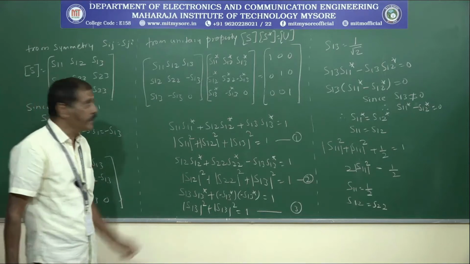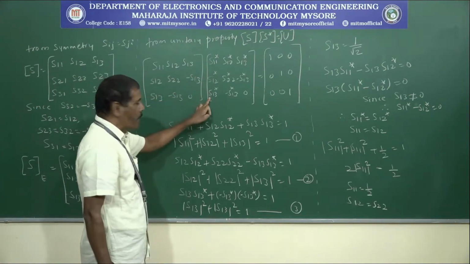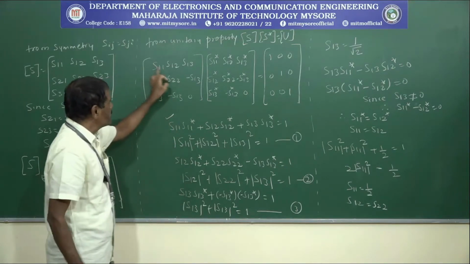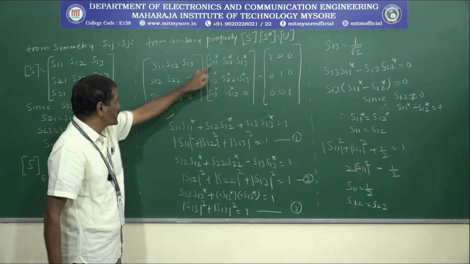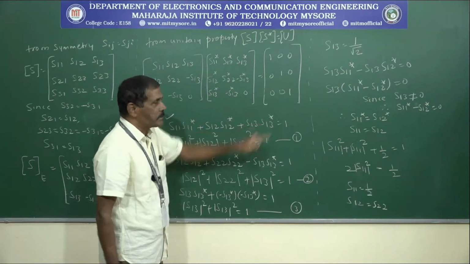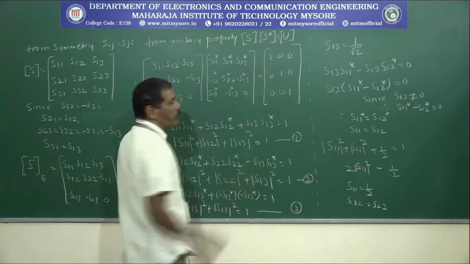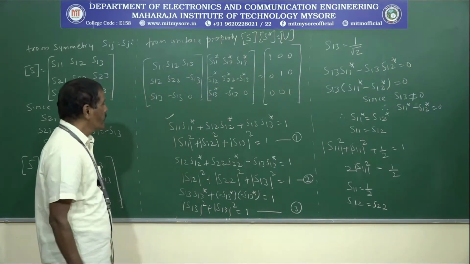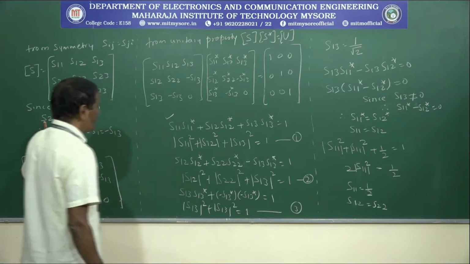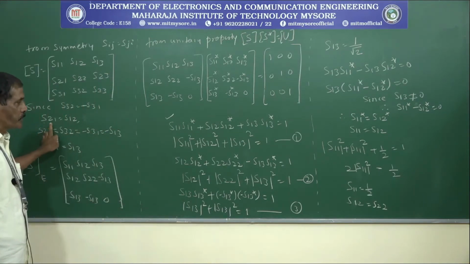Next what we have to do is multiply this row by this column. Then I am going to get this equation, that is S11 into S11 star, S12 into S12 star, S13 into S13 star. So this value must be equal to 1. And then, as you know from this property, S12 is equal to S21.